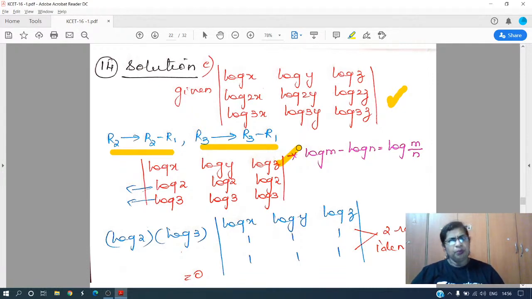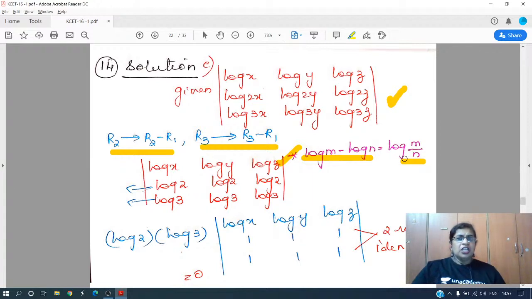Now, before I go to the operation, let me recall the property of log. What is log m minus log n? It is nothing but log m by n. So I have to be alert here with this property.